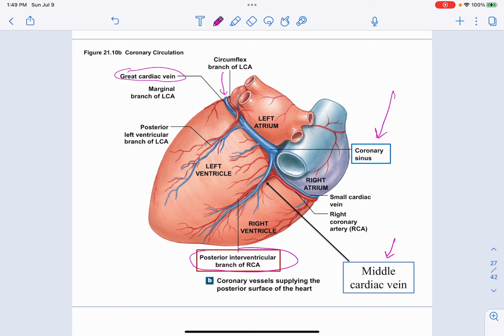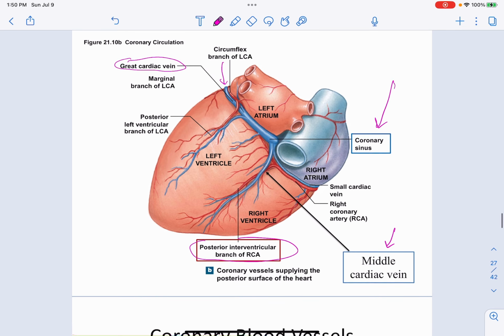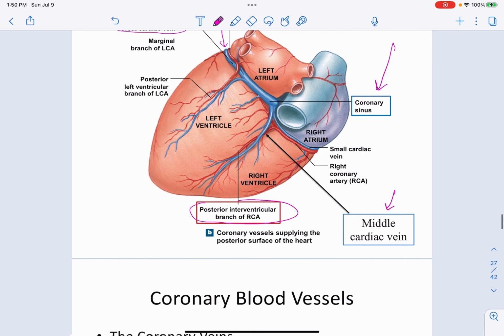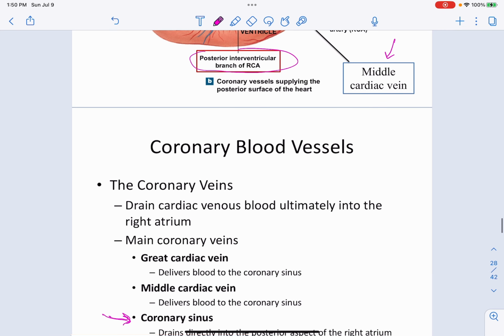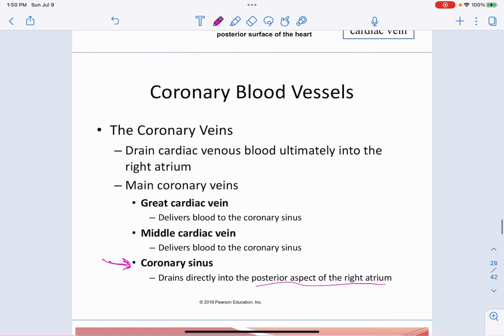So again, I tried to pick the major veins and arteries that are supplying blood to the heart and then returning it so that you don't have a whole lot to memorize, but at least you have the basic knowledge of what is providing blood to the heart.